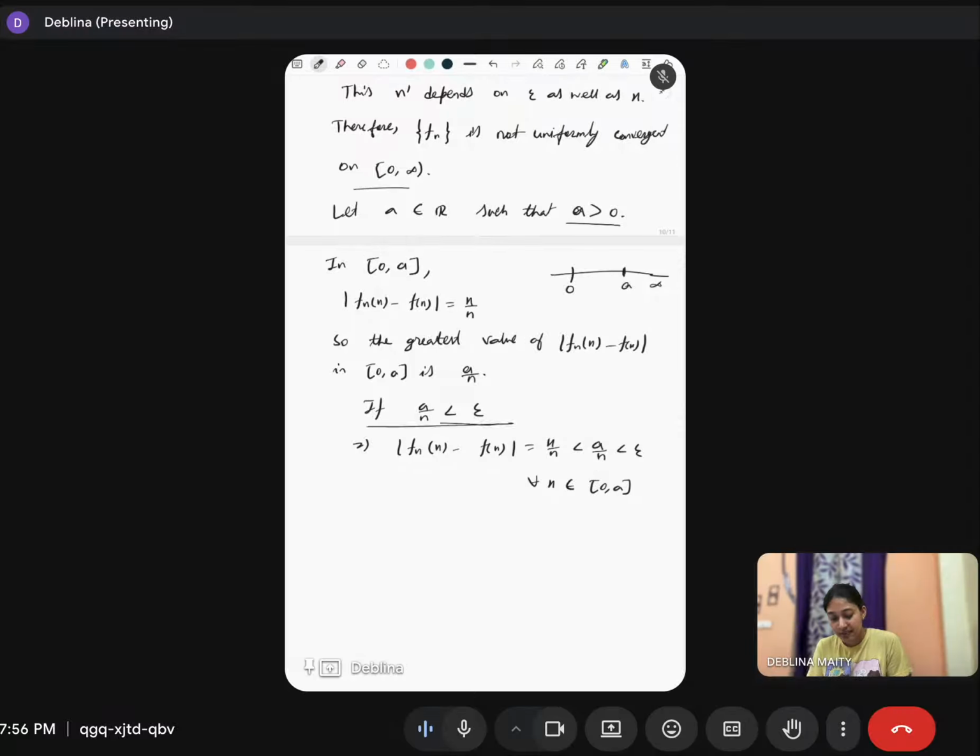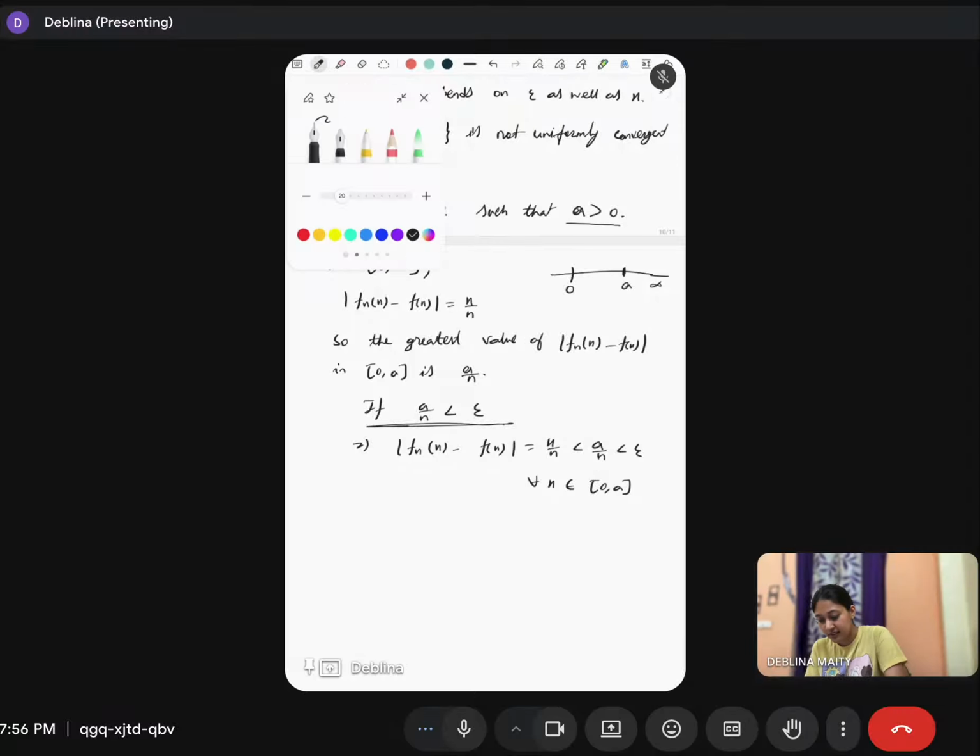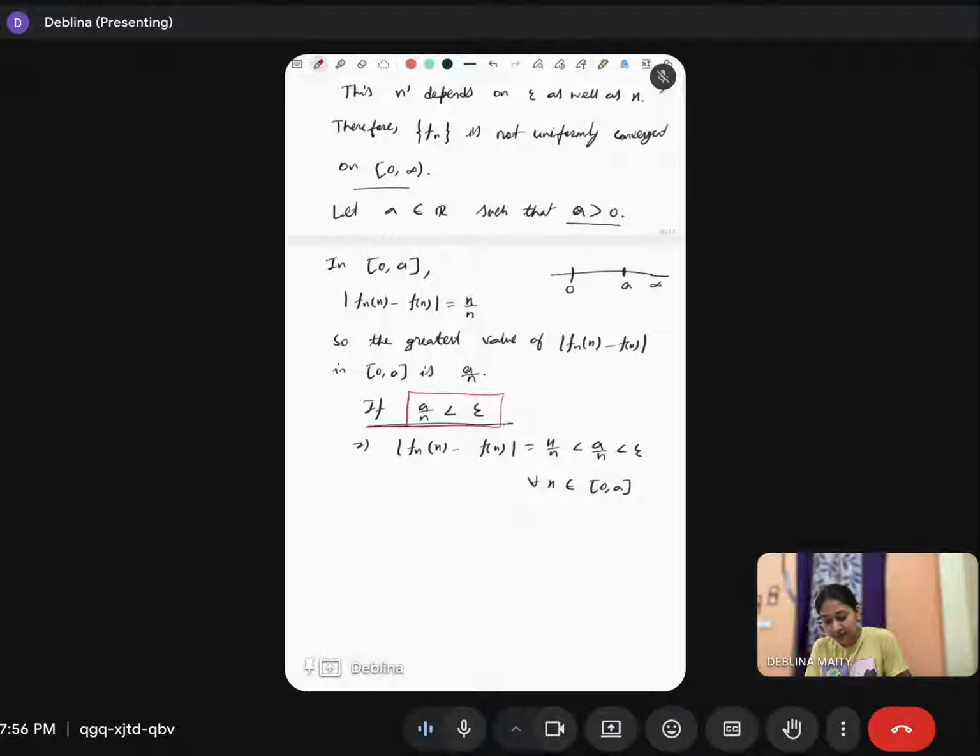So if a by n is less than epsilon, then fn(x) minus f(x) is less than epsilon for all x belongs to 0 to a, and this means what? This means n is greater than a by epsilon, right?